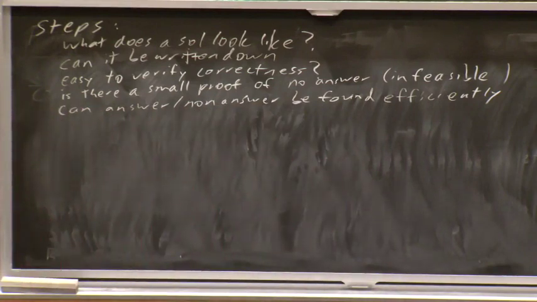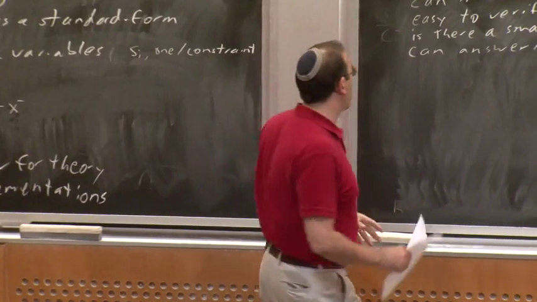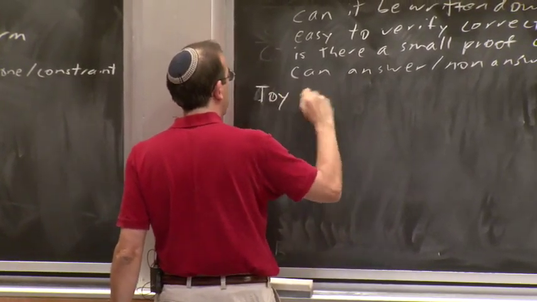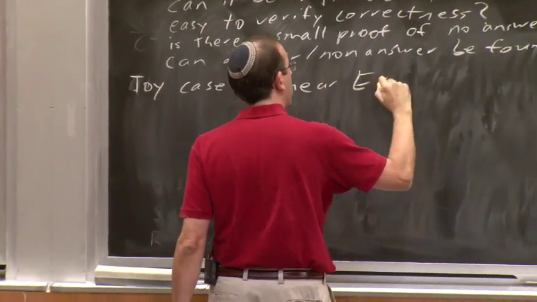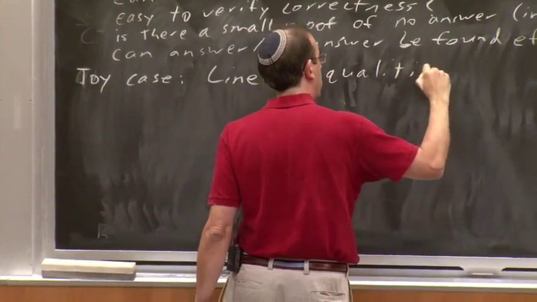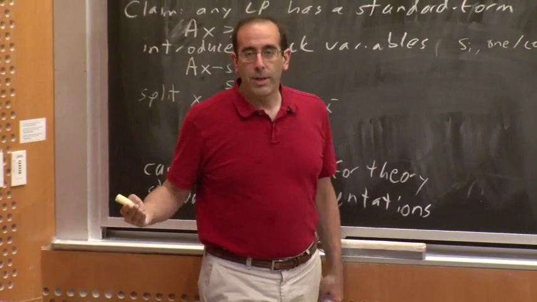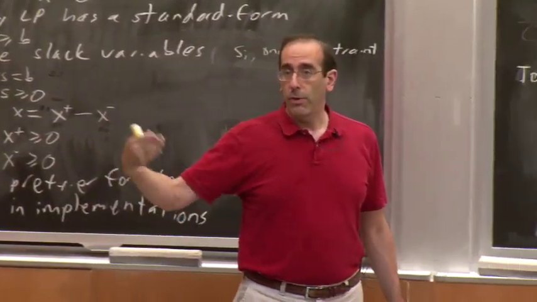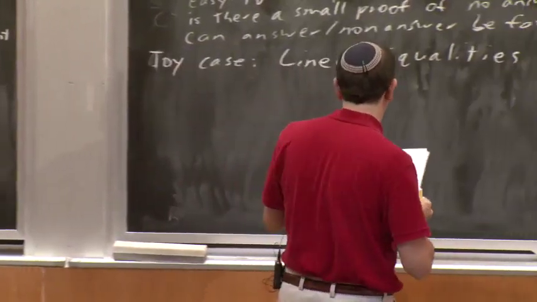Now, we're actually going to do all of this in this class, but not for linear programming. We're going to start with something simpler. Our toy case that we're going to start with is linear equalities, which is going to give us insight into how we do all of this, and also give us a bunch of machinery that we're going to need when we consider the case with linear inequalities.